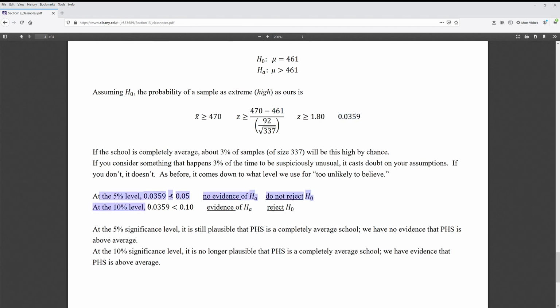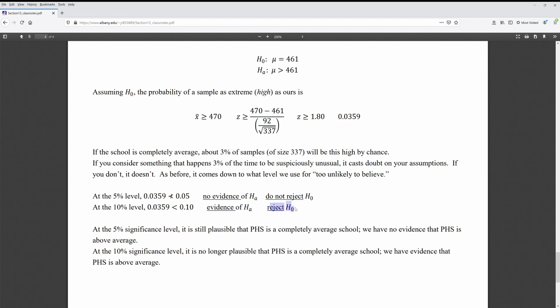At the 5% level, if happening less than 5% of the time through random chance makes it suspiciously unusual, then yes, it is less than. That should be a less than. It is less than 0.05, so we do have evidence of HA, and we do reject H0. It's a typo. Likewise, at the 10% level, 0.0359 is less than 10%, so we do have evidence of HA.